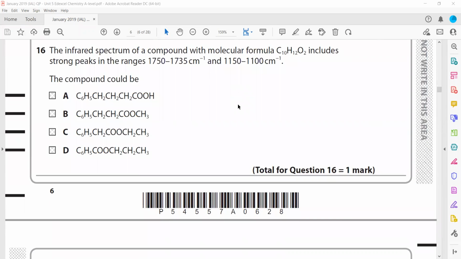Question 16. The infrared spectrum of a compound having a molecular formula of C10H12O2 includes a strong peak in the range of 1750. So you will use the data booklet to identify the ranges here.